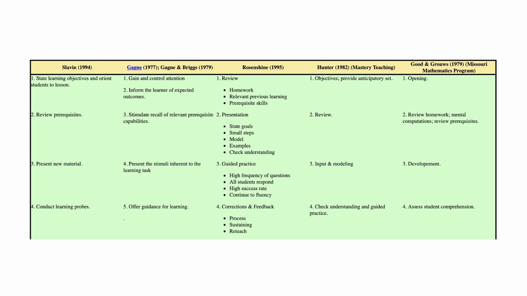While Hunter, 1982, suggests four direct instructions. They are objectives, review, input and modeling, and checking understanding and guided practice. So, when teaching, we need to remember that our instruction should be short and clear so that our students can follow what they need to do in the classrooms.